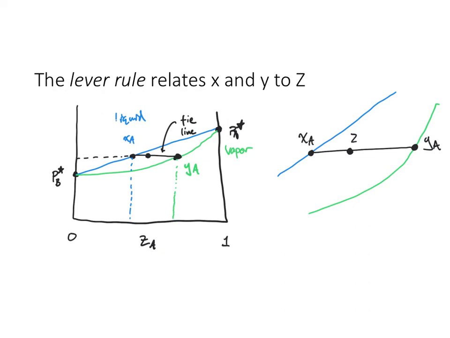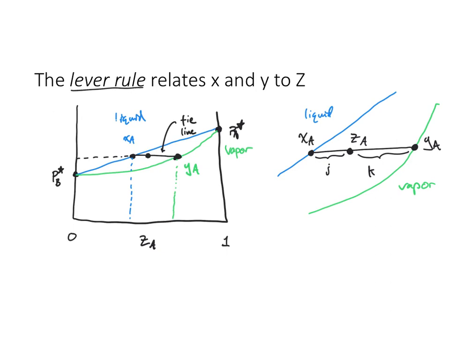I'm going to call this span of distance J, and I'm going to call this span of distance K. Remember, up here we have the liquid, and down here, we have the vapor. Hopefully you're beginning to see why this is called the lever rule.